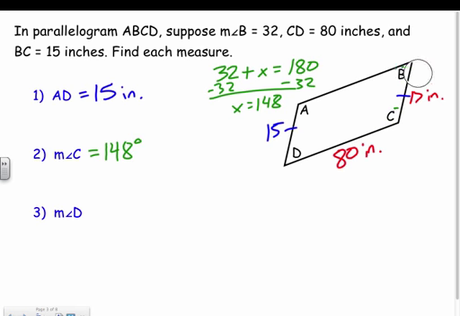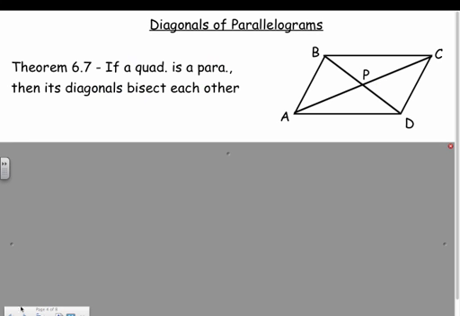Let's write that in there. So this is 148, and I already said this is 32. And the measure of angle D, well, opposite angles are congruent, so angle D is also 32 degrees. Just using that information: opposite angles are congruent, opposite sides are congruent, consecutive angles add up to 180. A few more things.